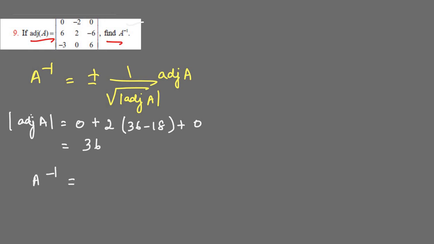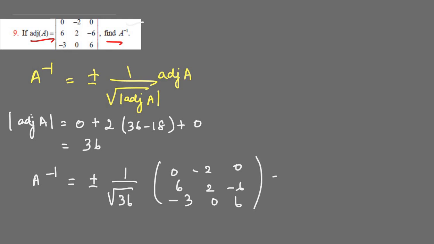A inverse is equal to plus or minus 1 by root of 36 into adjoint of A, that is 0, minus 2, 0, 6, 2, minus 6, minus 3, 0, 6, which is equal to plus or minus 1 by 6 into 0, minus 2, 0, 6, 2, minus 6, minus 3, 0, 6. This is A inverse.